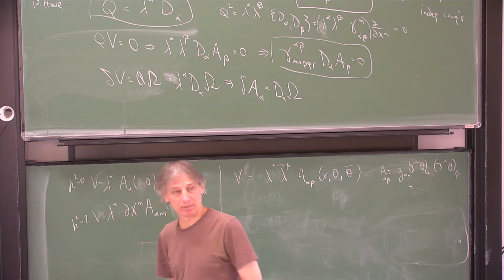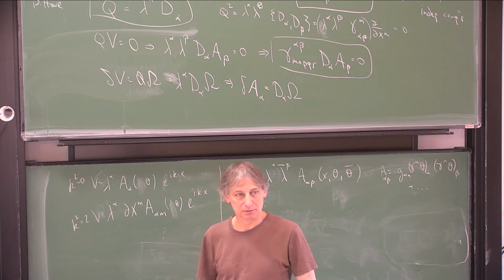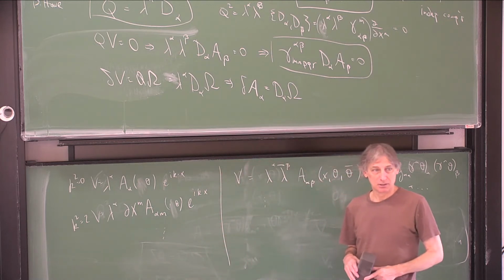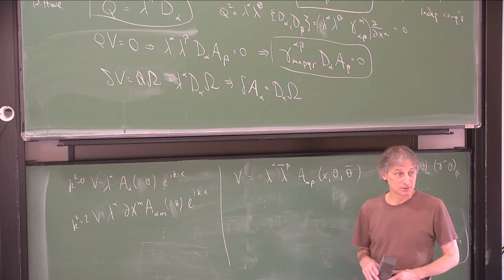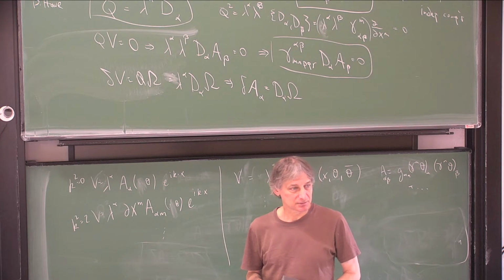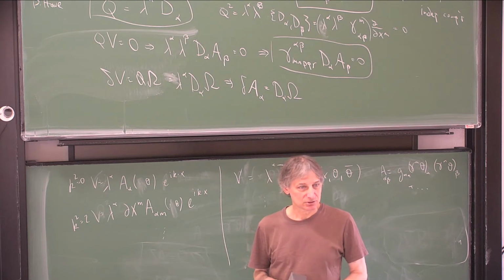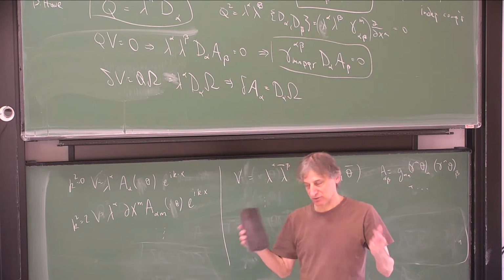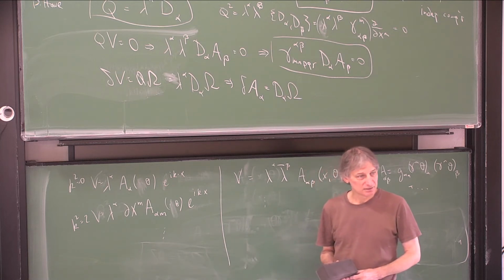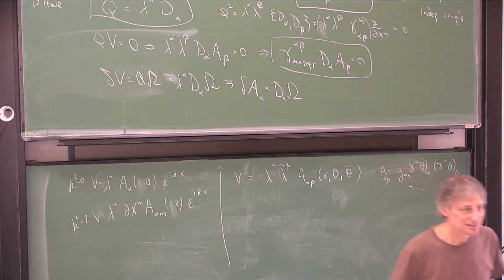Both sides means RNS? Yes. RNS has been done up to 4.2 loop with no fermions. That's Dhoker and Phong, and now there's a whole literature. Sorry, why isn't it an integer? No, 4.2 loops, 4 point amplitude.